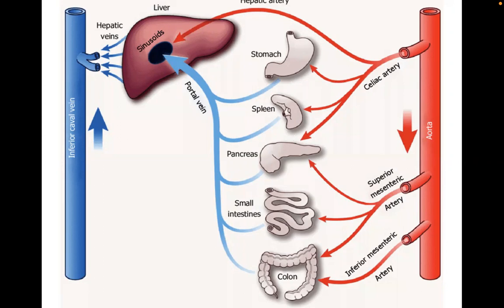And when we absorb nutrients from our digestive tract, basically, for instance, in the small intestines or the colon, that venous blood is going through what we call the portal system. So before, let's say that we absorb some food in the small intestines, it's not going right back to the heart. It actually is going to the liver first.